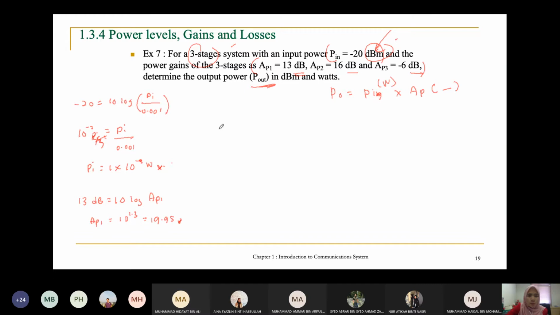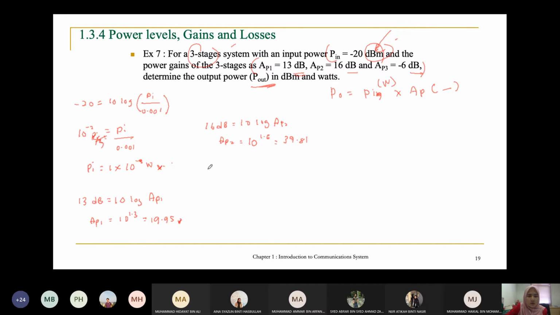For AP2, this is 16. So 16 dB is equals to 10 log AP2. So AP2 is 10 to the power of 1.6. So you will get 39.81.